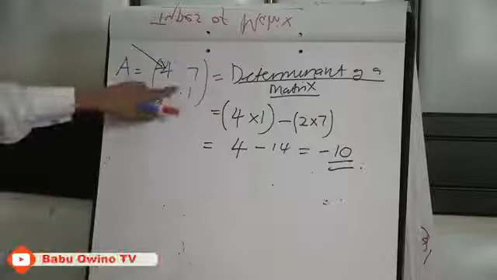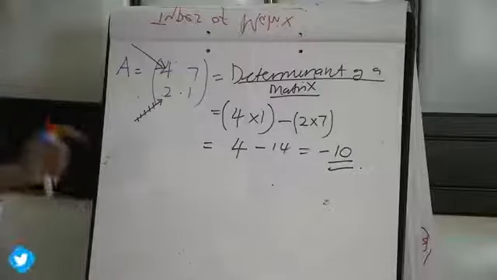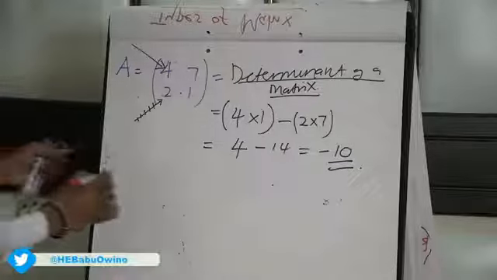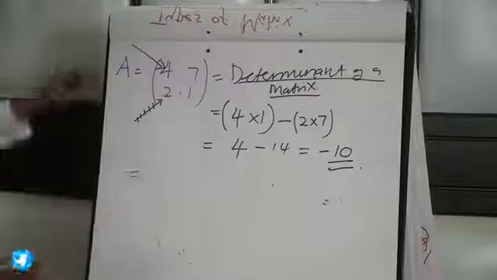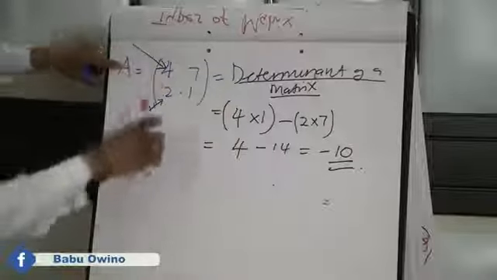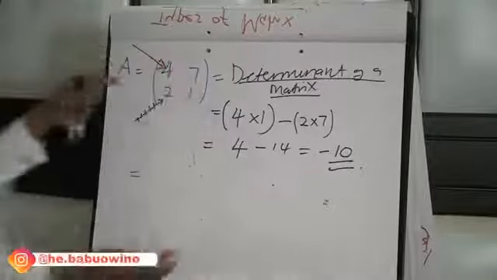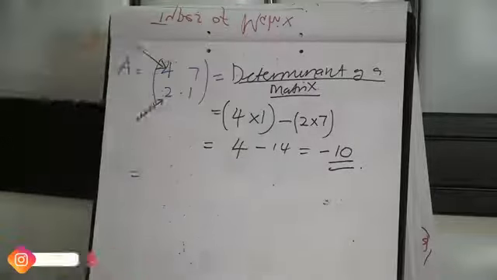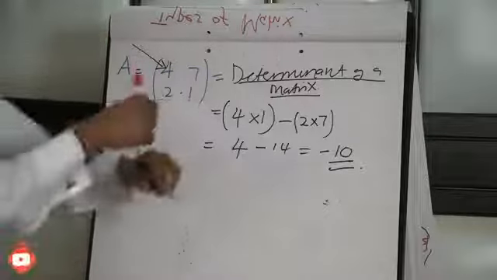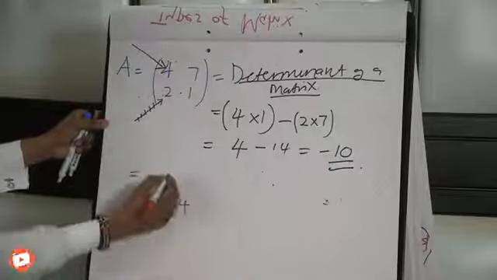Now, we want to get the inverse of this matrix. Be very careful here, class. To get the inverse of this matrix, whatever is along the leading diagonal, you interchange them, or you swap them. So when 4 is here, 4 comes down, and when 1 is here, 1 comes up.